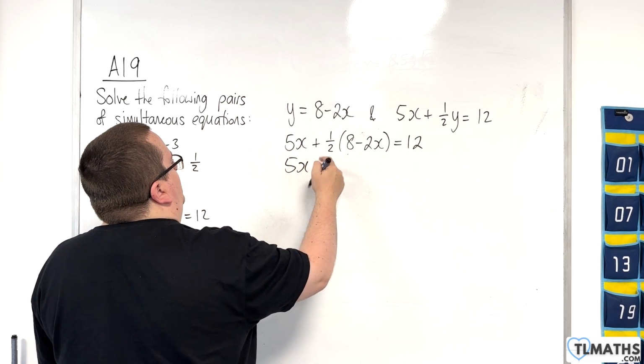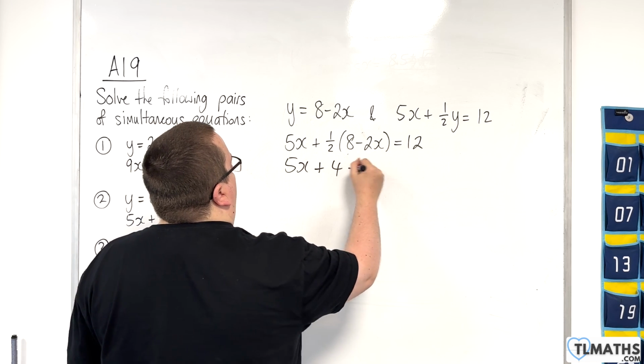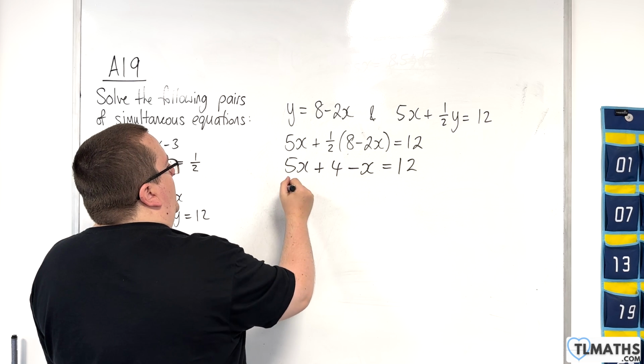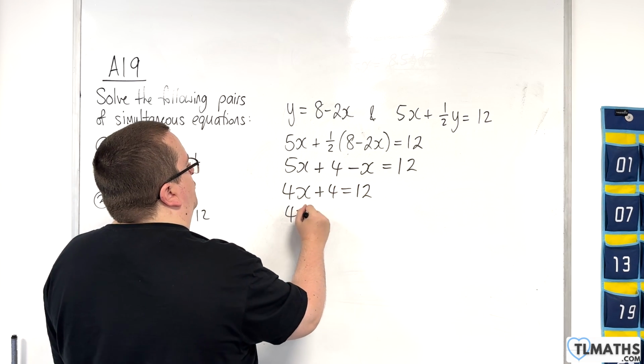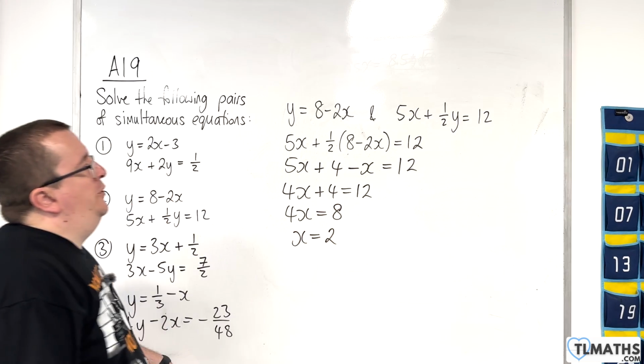So we need to expand this bracket out. 1/2 of 8 is 4. 1/2 of -2x is -x. So 5x take away x is 4x. Take the 4 from both sides, divide through by 4, so x is equal to 2.